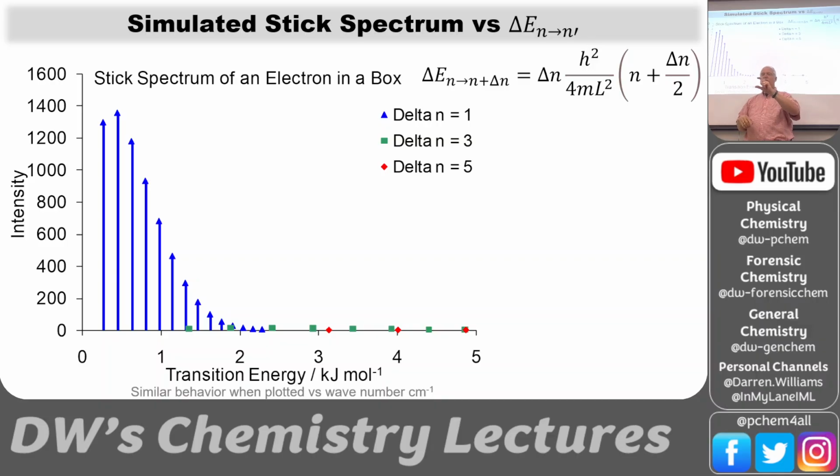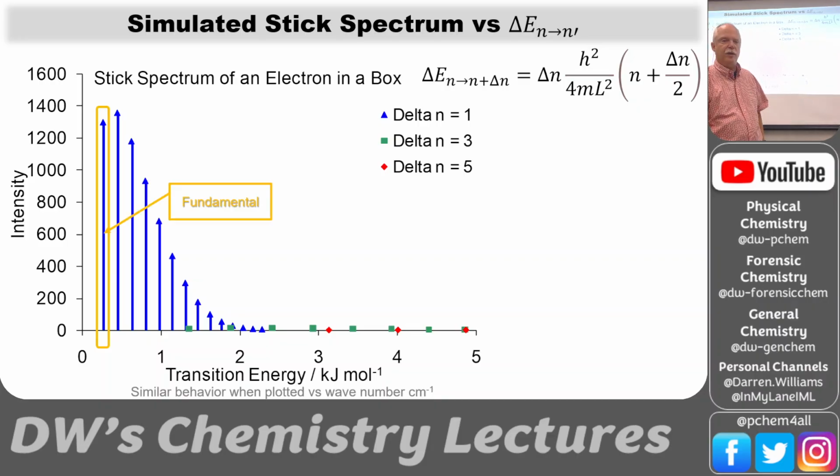So 1 to 2 difference is going to be, if I go from 2 to 3 and 3 to 4, those are going to be jumping up by constant amounts. And so we'll have equally spaced peaks, but now this one is the fundamental. Yeah, this one is the fundamental.